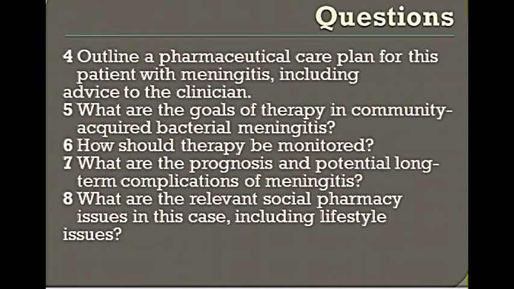What are the prognosis and potential long-term complications? Mortality rates due to Streptococcus pneumoniae and Neisseria meningitidis are very high, that is 19 to 37% and up to 13% respectively.